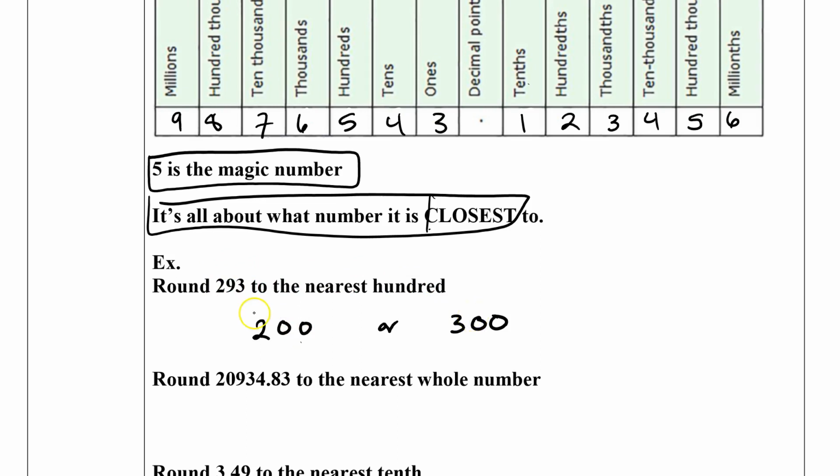Well, I say it's closer to 300 because it's only 7 away from 300. If you like a more algorithmic approach, you go to the hundreds column and you go to the right of that. You see that the 9 is greater than 5 because 5 is the magic number, and this turns into 300.